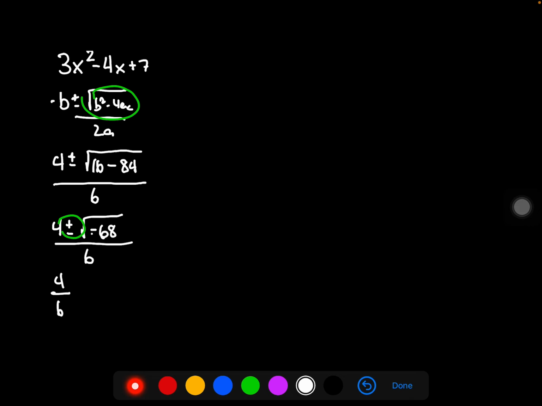And so I have 4 over 6 plus or minus. Now this negative sign here is an impossibility, right, because we can't square a number and get a negative number. A negative number squared is a positive number, so this is an impossibility.